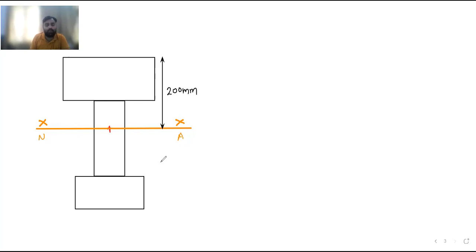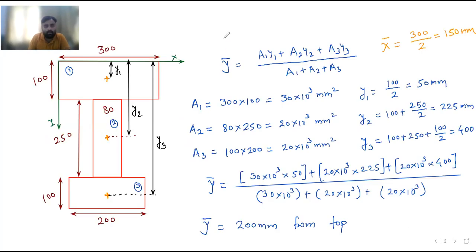If this is 200 mm, then let us see the total over here. Here you can see this is 100 plus 250, it is 350. 350 plus 100, 450. So the total distance is 450.